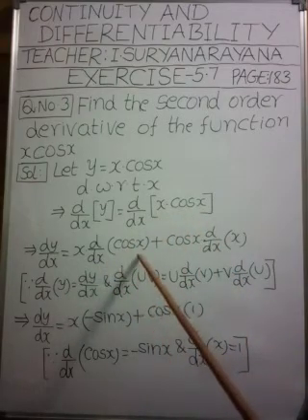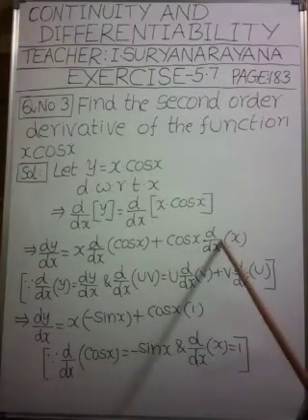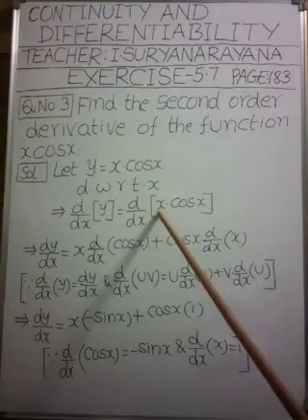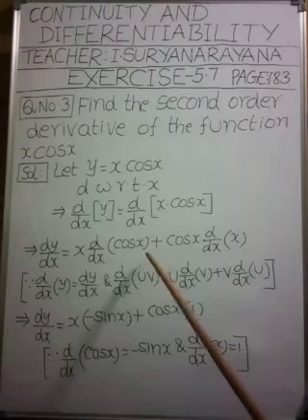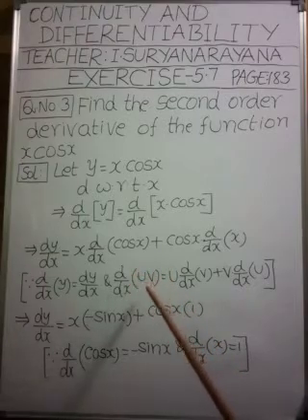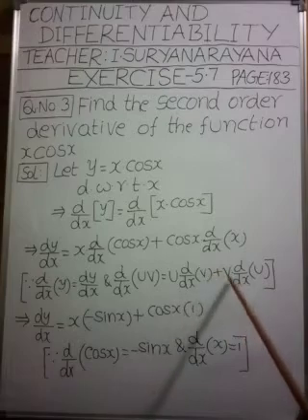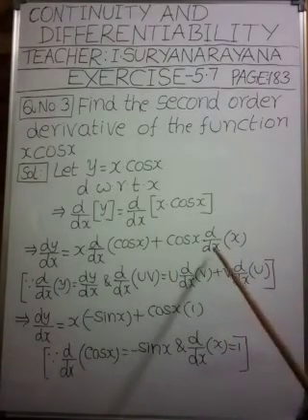Understood this first term, my children? Right. Plus v into d by dx of u. We assumed here in our mind this is u and this is v. We applied that formula. What is the formula? d by dx of uv is equal to u into d by dx of v plus v into d by dx of u. Understood this step, my children? Right.